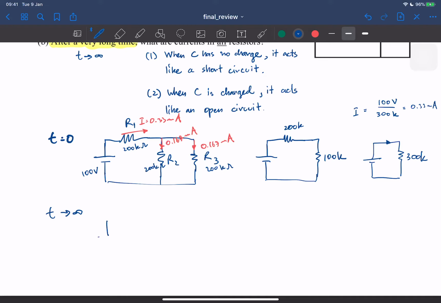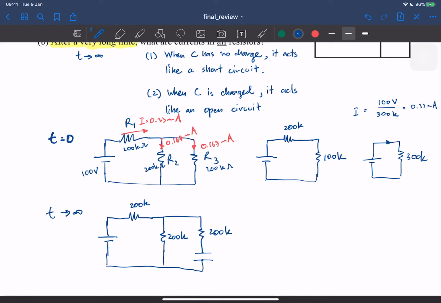Open circuit is like when you disconnect the connection here. So the circuit becomes something like this. This is 200K, but it's open here due to the capacitor, which is full.